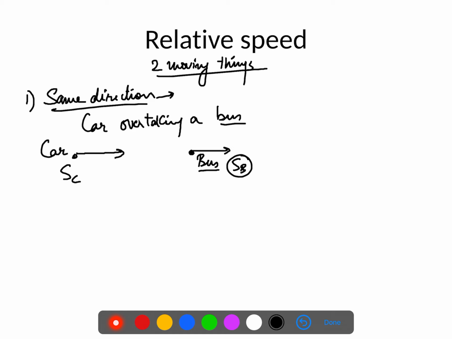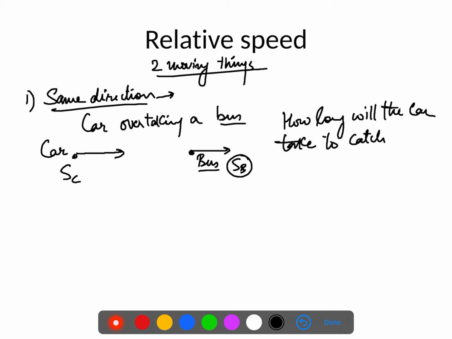Question is, how long will the car take to catch, meet, overtake the bus? These three words mean the same thing: catch the bus, meet the bus, or overtake the bus.